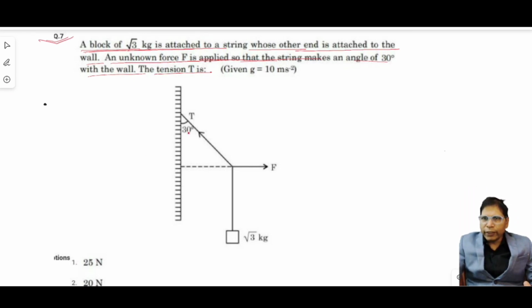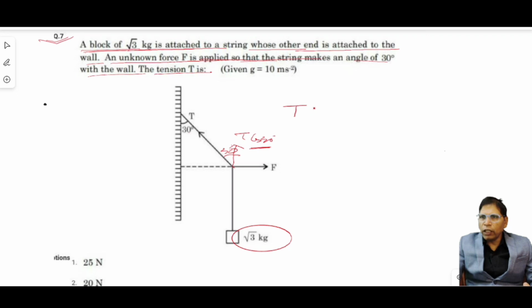Now look at this, this is the 30 degrees. Look at this angle, also 30 degrees. So the component of tension is T cos 30. Now if we equate the vertical force to the vertical force downward, you can get the tension.